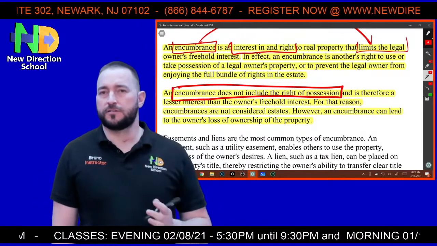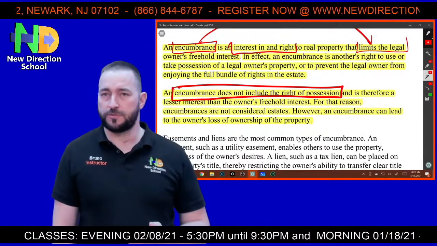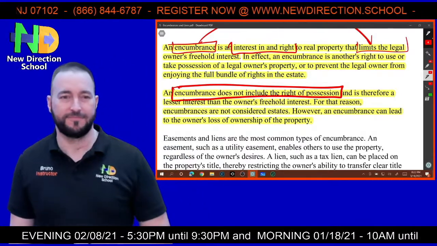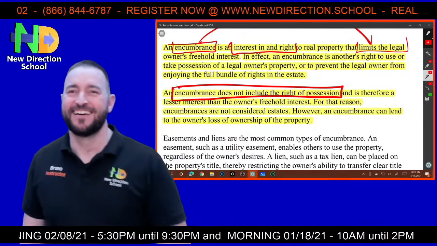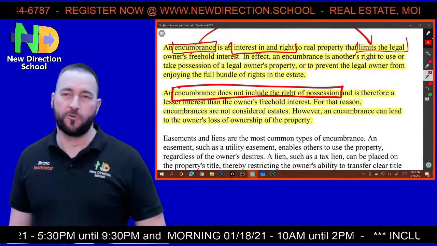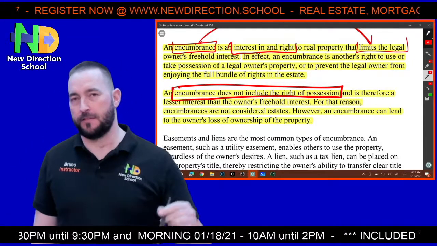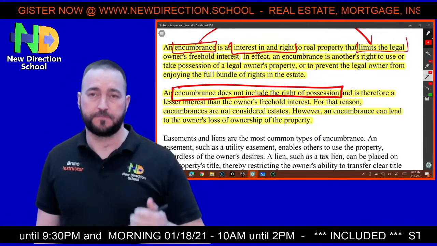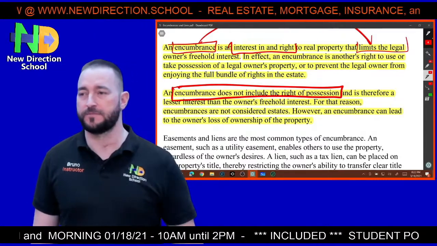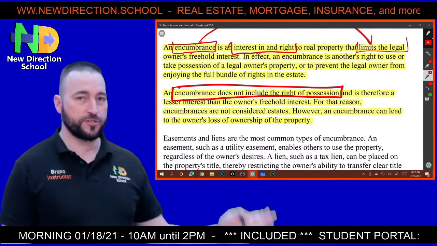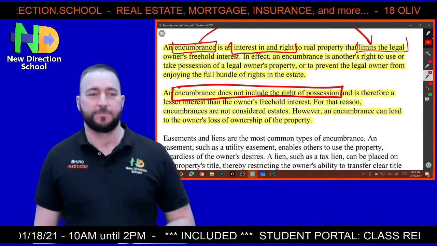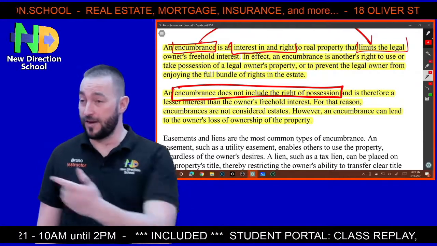Do you remember the 5 rights that we have with the ownership of a property? You don't? Okay. If you can, write it in the chat real quick. The rights of ownership, or the bundle of rights. One of them we just talked about, which is the right of possession. The right to transfer. Great.